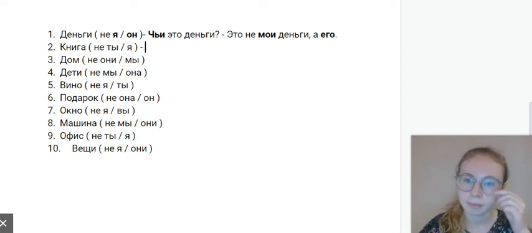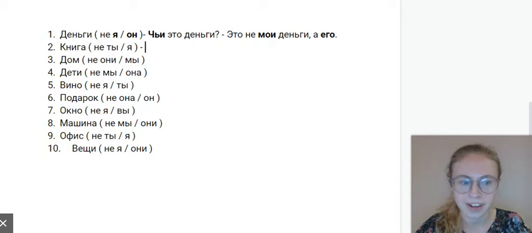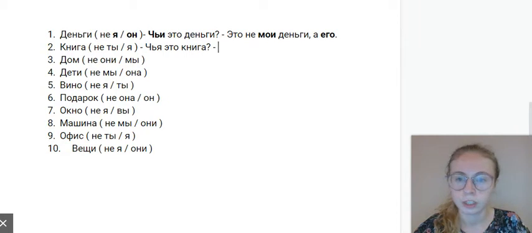Книга. Книга in Russian is она, because it's a feminine noun. А ending tells us about that. So книга она, and we need to use the correct form of чей, whose. Чей for feminine nouns is чья. Чья это книга? And the answer would be не ты, я. So, не ты. Ты, possessive pronoun is твой.